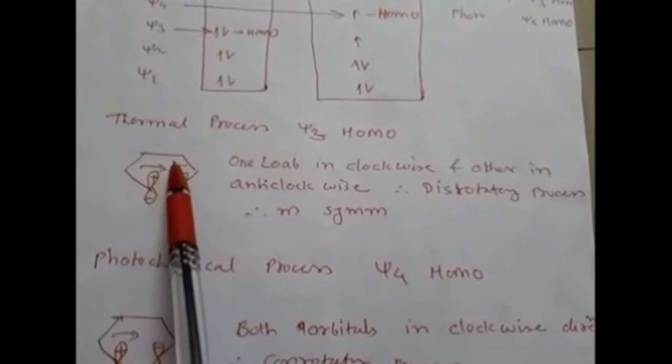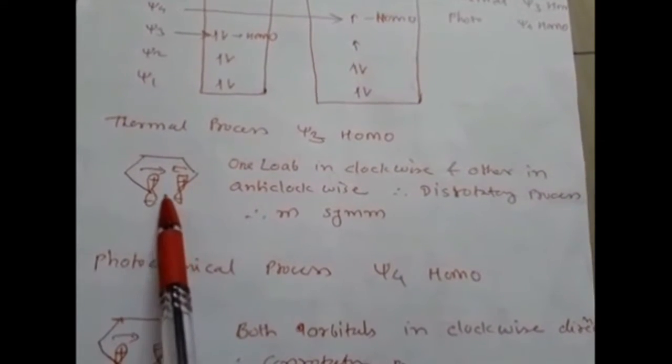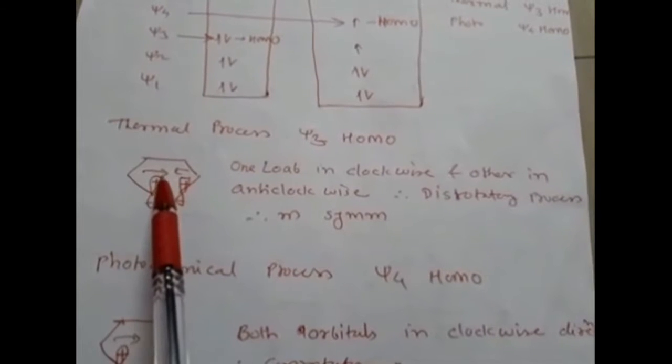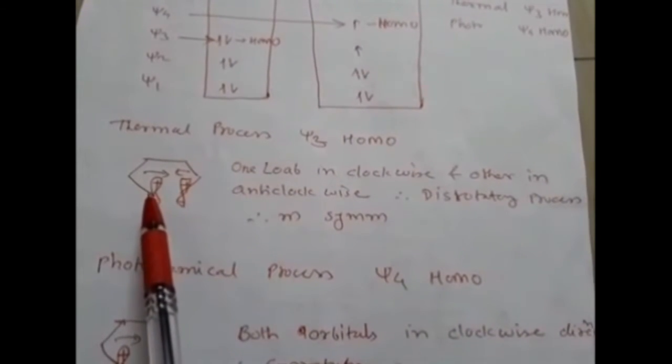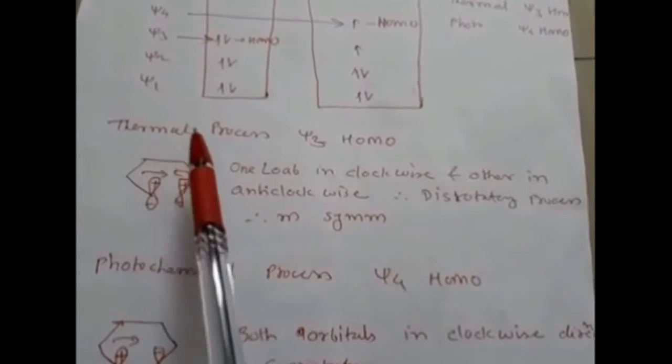So this one is a mirror plane symmetry. This process is a disrotatory process because one orbital is rotated in clockwise direction, whereas the other in anti-clockwise direction. That's why this is a disrotatory process. So thermal process is a disrotatory process.